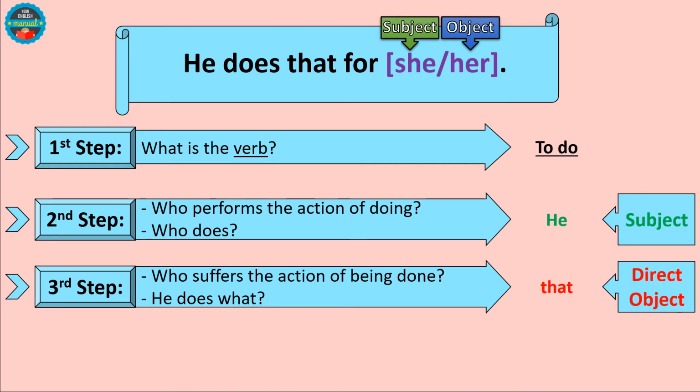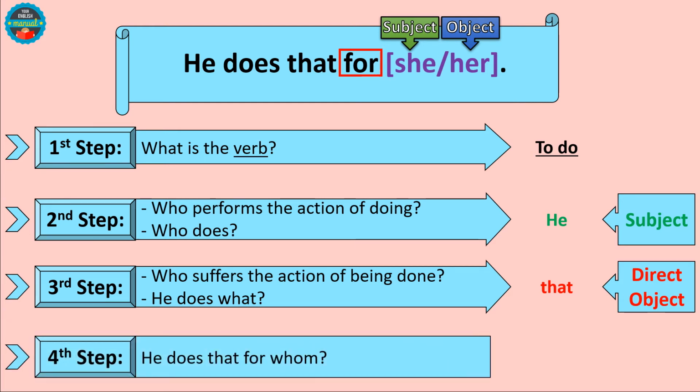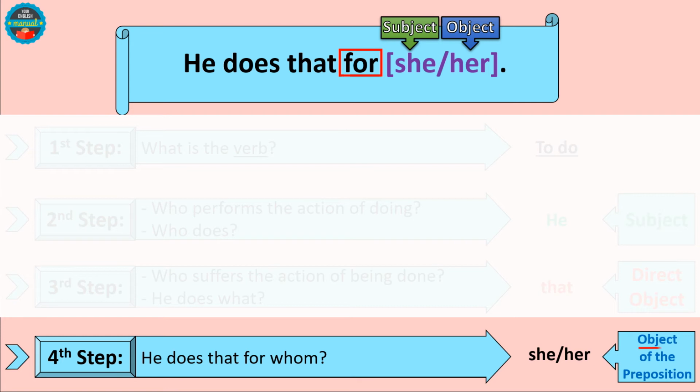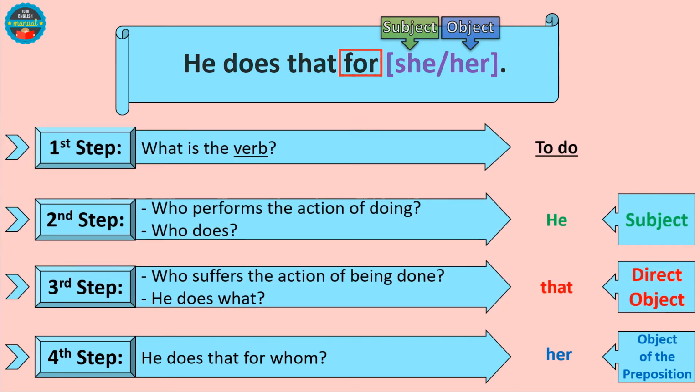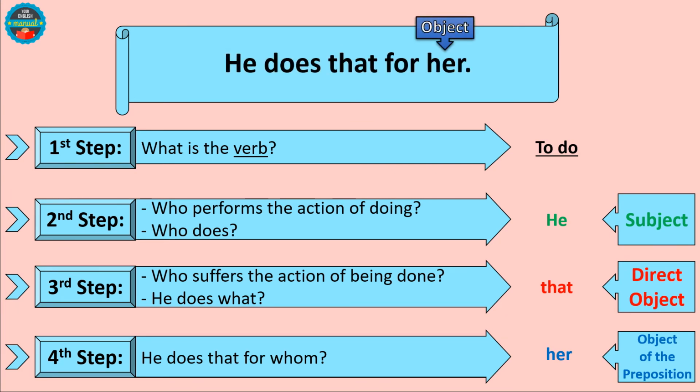However, there's still another step. Since we have the preposition for, we have to discover the object of this preposition. To do that, we'll ask, he does that for whom? The answer is she or her. So she or her is the object of the preposition for. Since it works as an object of a preposition in this case, we must use the object pronoun her. The correct way then is he does that for her.